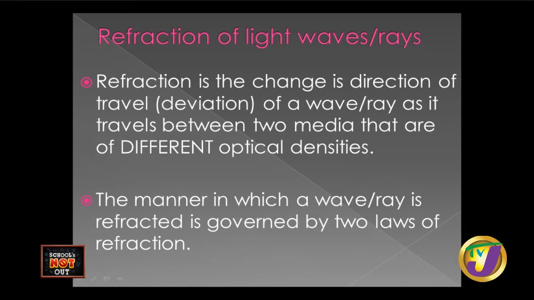If you consider water, water is a lot denser than air, so there's going to be some opposition to it. If you consider glass, if you consider diamond, anything that is transparent that allows light to pass through it will not necessarily have light passing through it to the same extent. Some allow it more freedom than others. So that's what we mean by different optical densities.